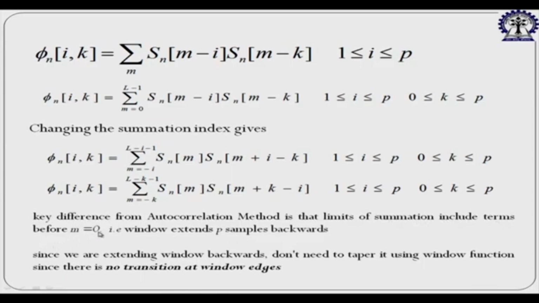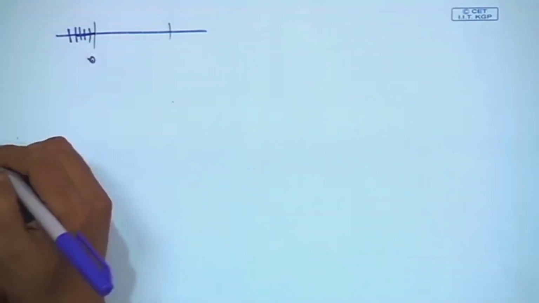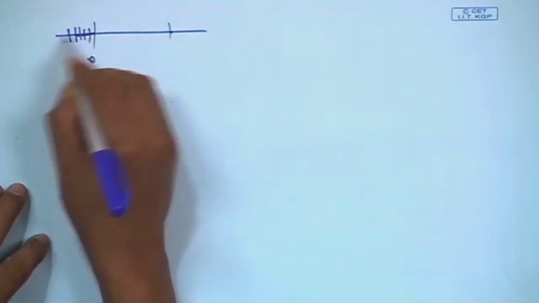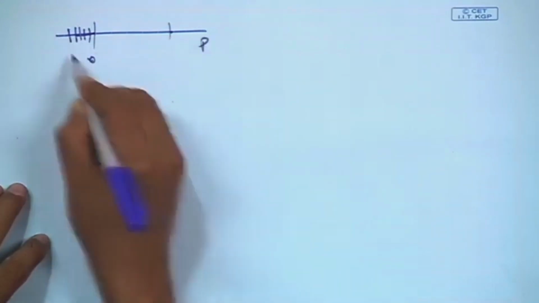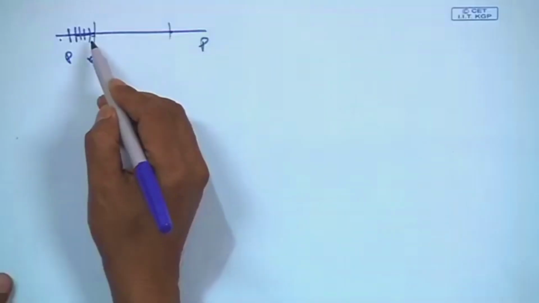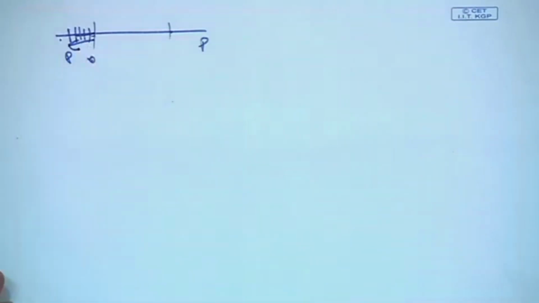So, if the order is p, I have to consider p number of previous samples also. The tapering of the window does not matter here; whatever window function I use, p previous samples are required in this analysis.